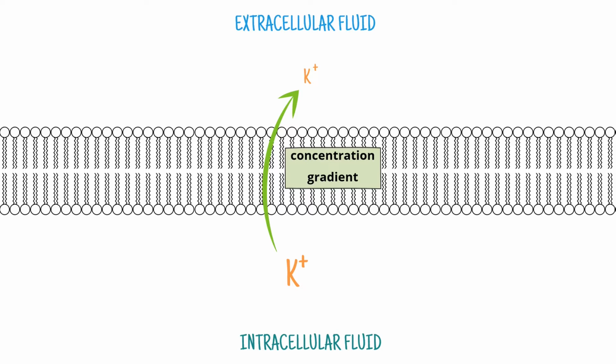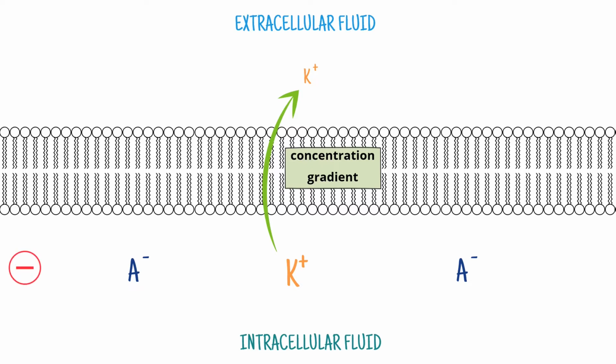As potassium diffuses, it's leaving behind the negatively charged anions, like proteins, that are just too big to pass through the membrane, and as they are negatively charged, the inside of the cell becomes more and more negatively charged.